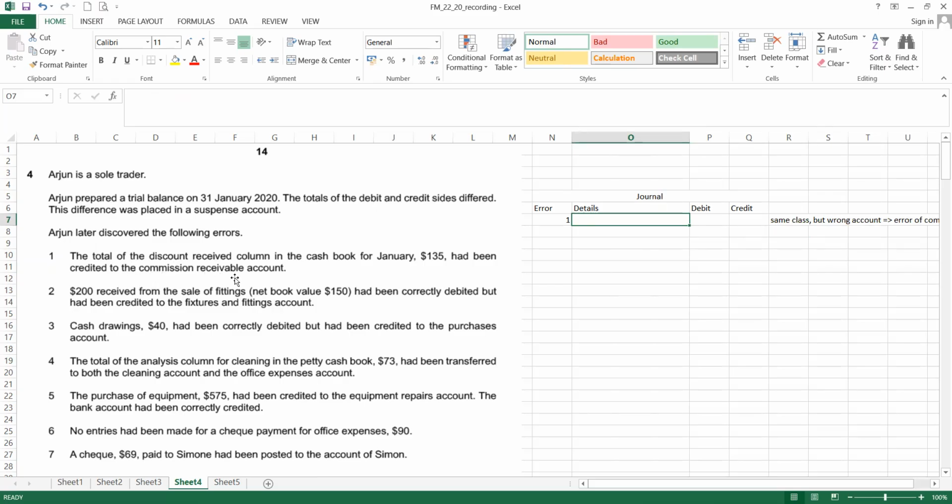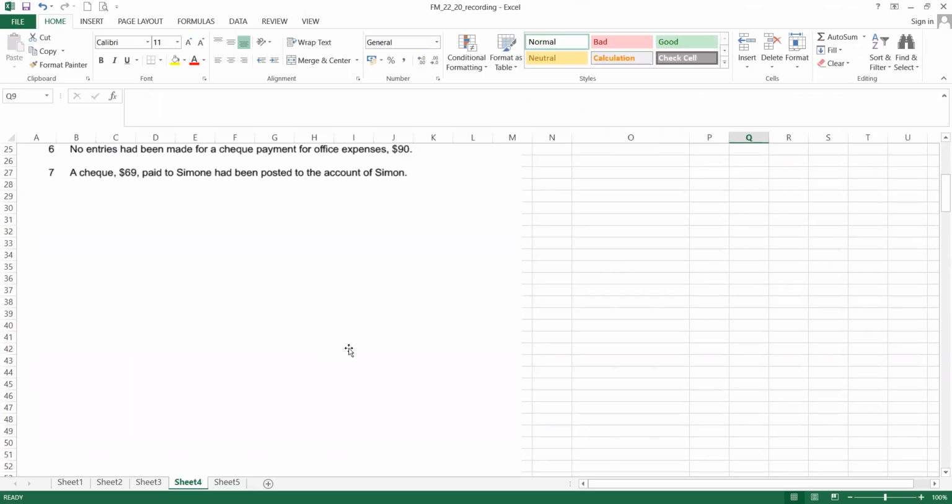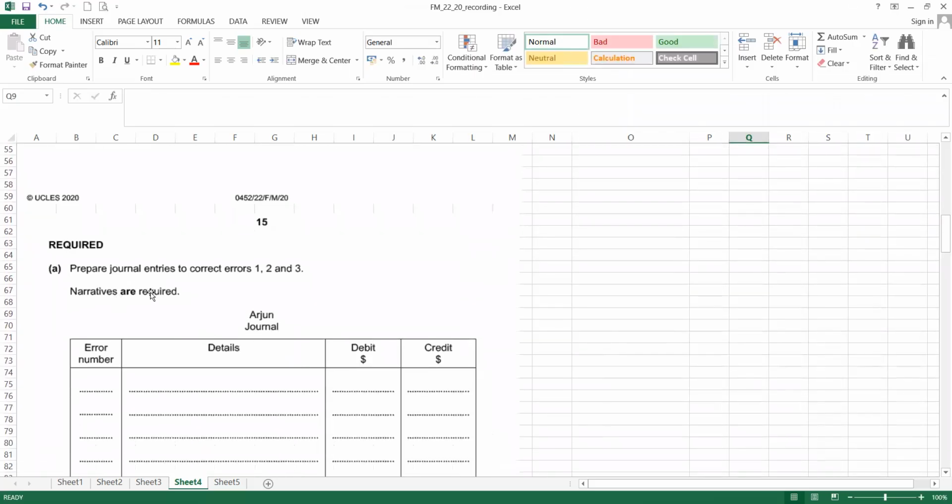Credited to commission receivable. Commission receivable is the wrong account, which is 135. And we put it back to the correct account. Discount received. Discount received is on the credit side, 135. Okay, just check whether narrative is required or not. Okay, narrative is required.